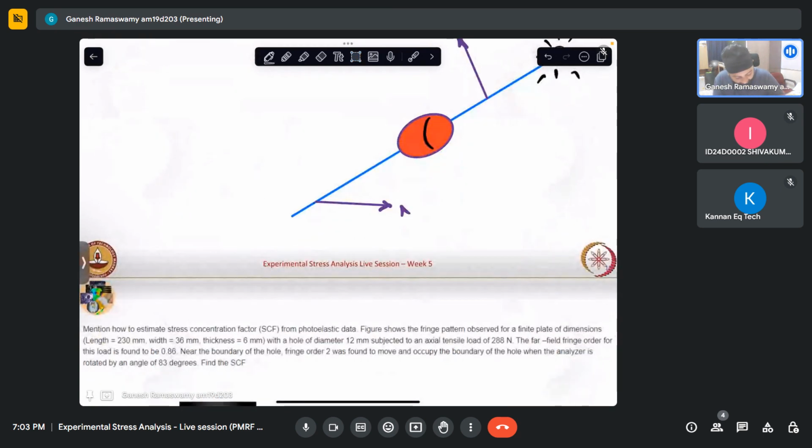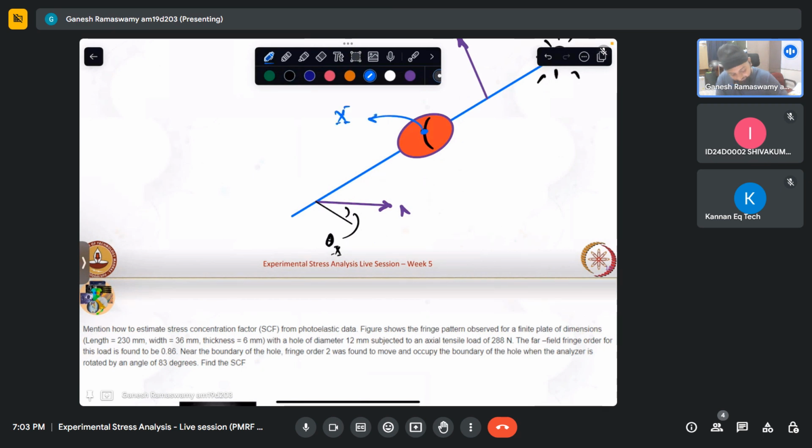So this angle I know is theta at that point. Let me call this point of interest as point x.